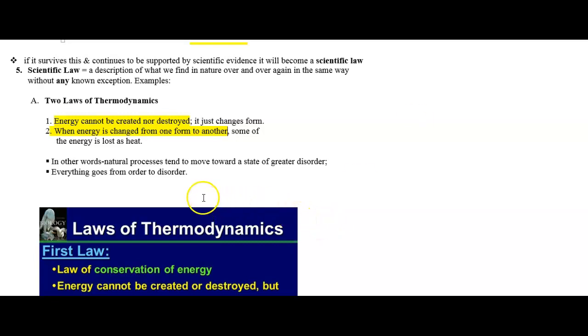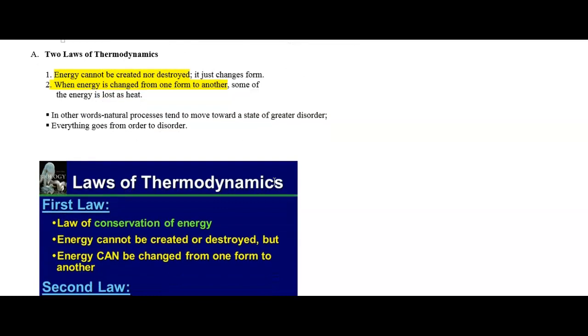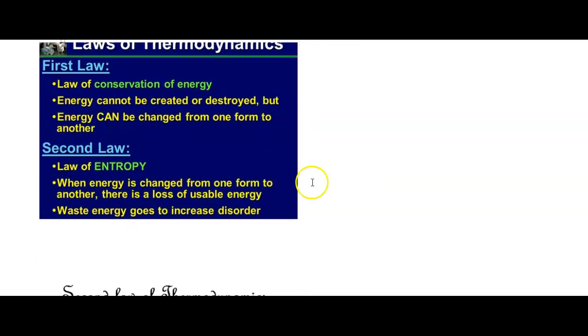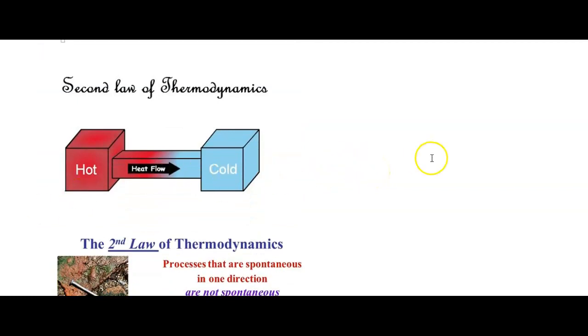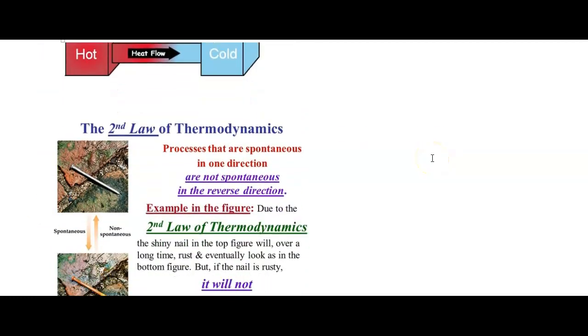If you take physics or chemistry, you might have learned it this way. Natural processes tend to move toward a state of greater disorder. Everything goes from order to disorder. Like hot, always going to flow to cold. Processes that are spontaneous are going to go in one direction. They're not going to go in the opposite direction.